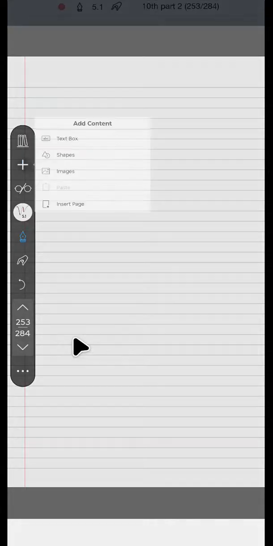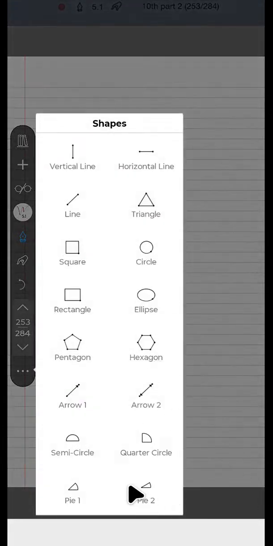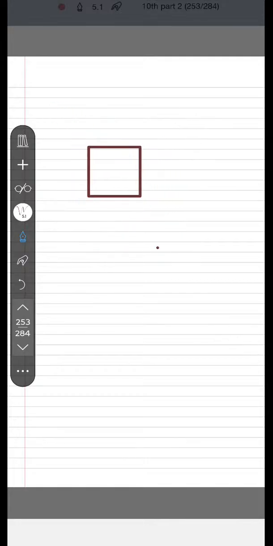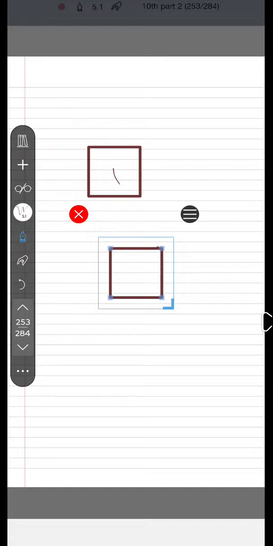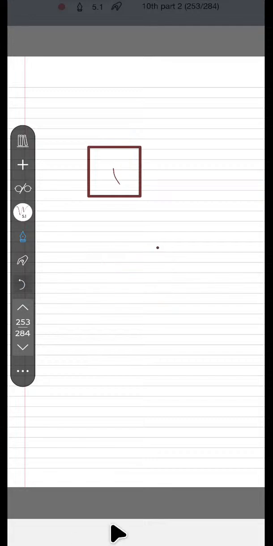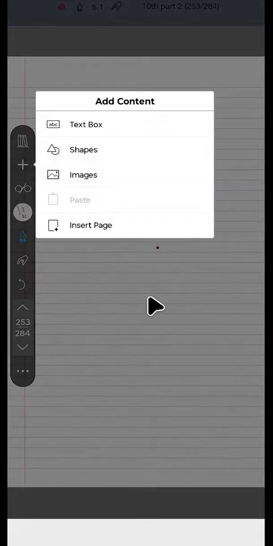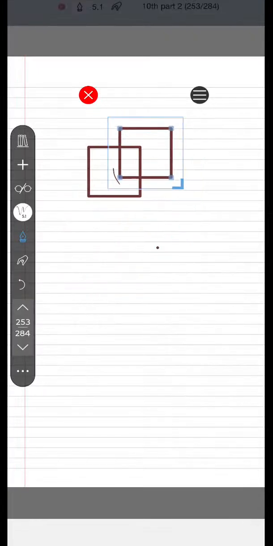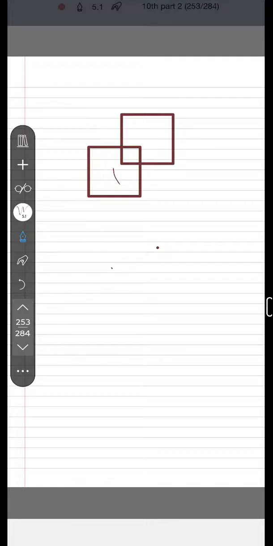Simply, if this is a square, and if I draw one more square over there and join all these lines, then it is nothing but the shape of a cuboid.